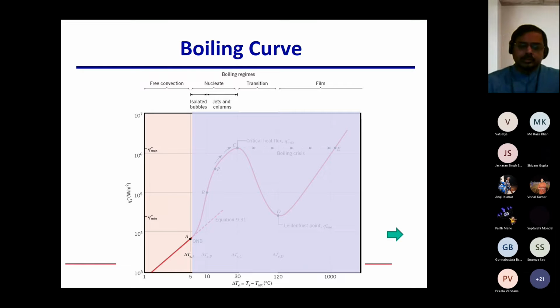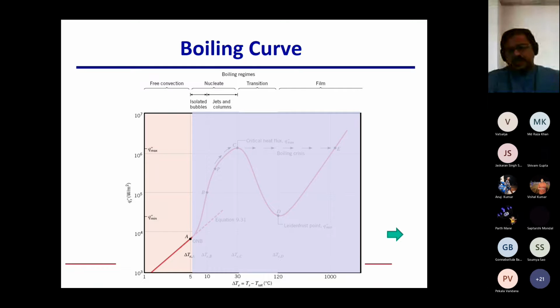Now, let us say I increase the temperature even further. So what will happen? We have all seen this. Initially, some small bubbles start appearing on the heater surface.